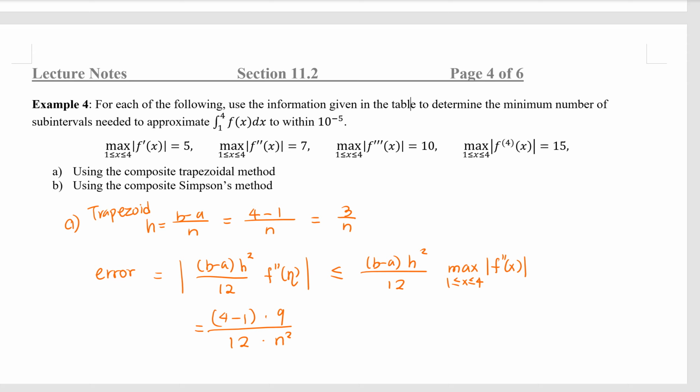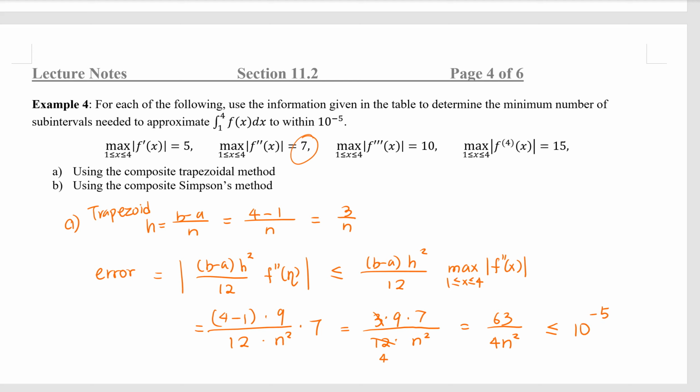The maximum of the second derivative is 7. So let's simplify it. We have 3, 9, 7, and 12 and n squared. This can cancel, and we get 9 times 7, 63 over 4n squared. We want to control this error within 10 to the minus 5.